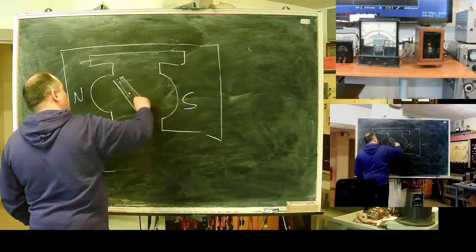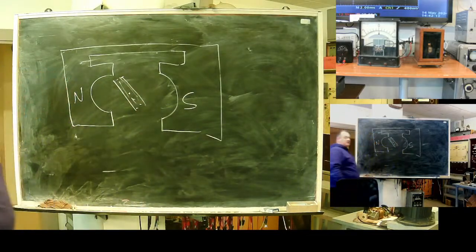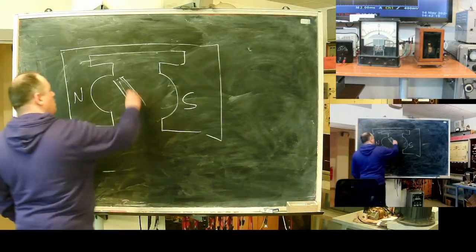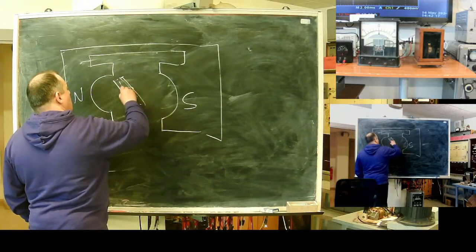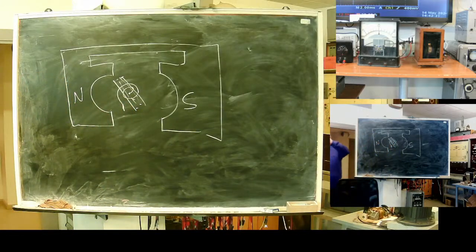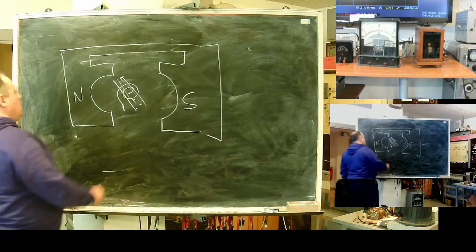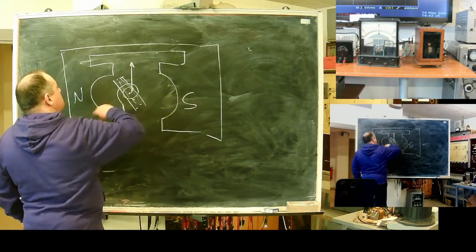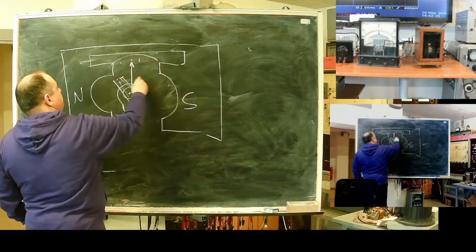You have a coil inside the magnetic field. A spring is attached to return the coil to zero, and some kind of index.